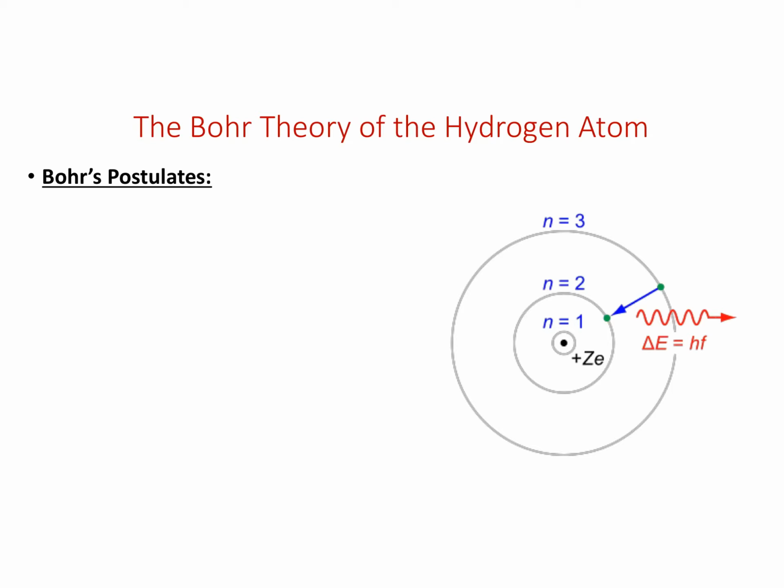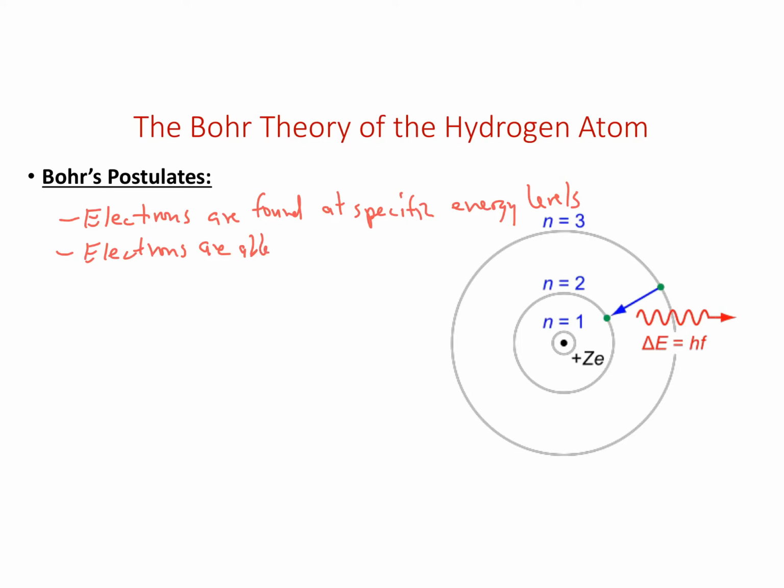So taking a look at Bohr's postulates with respect to the hydrogen atom, we have electrons. Electrons are found at specific energy levels, and these electrons are able to move between energy levels. And how does that work?